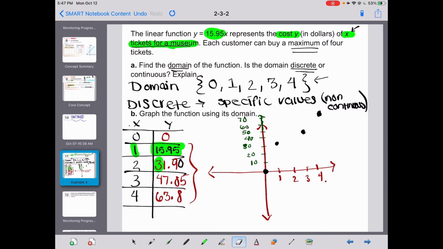Actually, I skipped a value as well. So my 2 tickets should have been right here, 31 something, and my 1 ticket was about 15.95. Makes more sense. It's a linear function, so it has a linear shape to it. If I connected those points, it would be a line. We're not connecting them because it's a discrete domain talking about specific tickets. Okay?